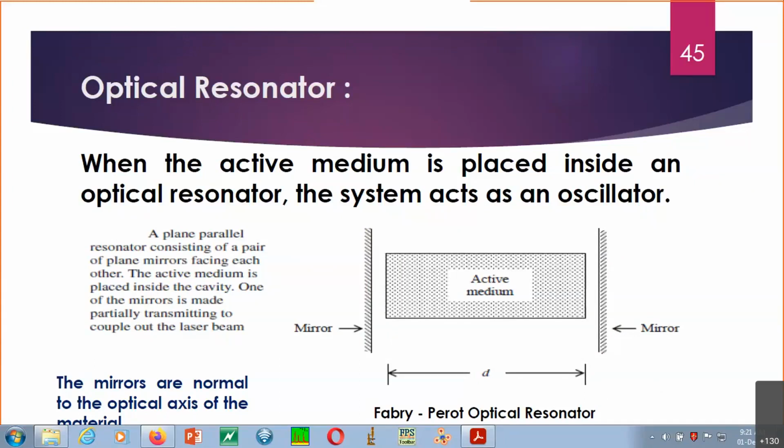Identify its importance: if no medium or material is there, you are not able to get laser light, because you require energy levels, and those energy levels have to belong to some material, be it solid, liquid, or gaseous. So material is the important part at the first step. If it is not there, then no energy levels are present in the system, and everything will be useless.